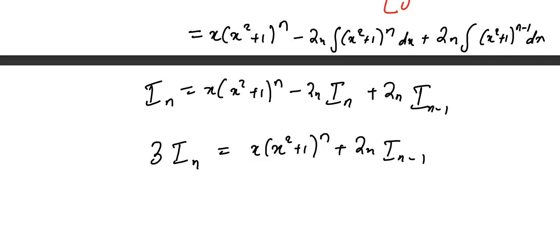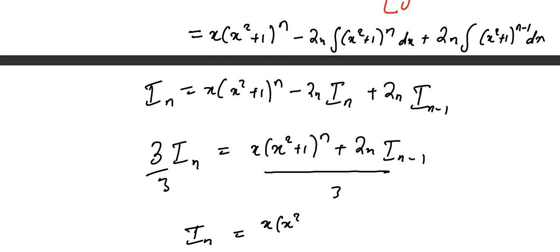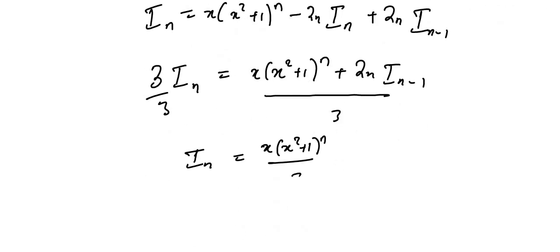So if we have this, we can divide this whole thing by 3. So it will give us I_n equals x times (x squared plus 1)^n over 3, plus 2n over 3 times I_(n minus 1).